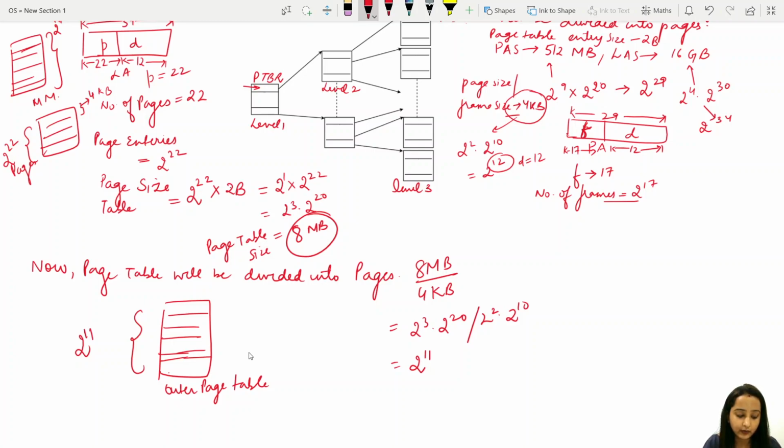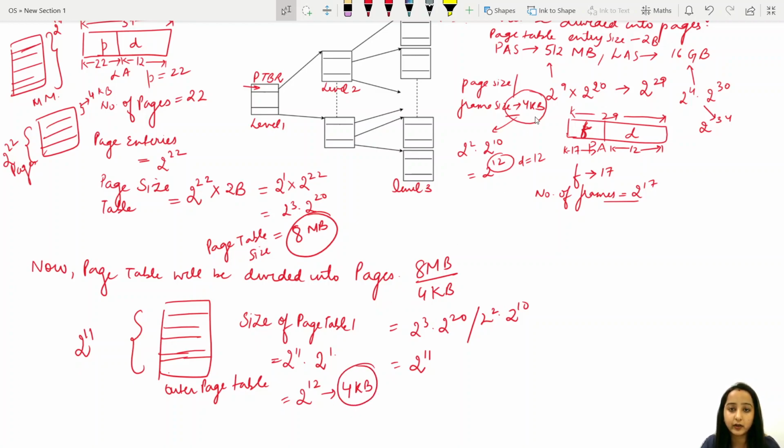If you have to calculate the size of the outer page table, how will it be? The size of page table 1, that is this one, the outer page table, will be 2 raised to power 11 into 2 raised to power 1, so 2 raised to power 12. 2 raised to power 2 into 2 raised to power 10 is 4 KB. So 4 KB can be accommodated in the 4 KB frame size.